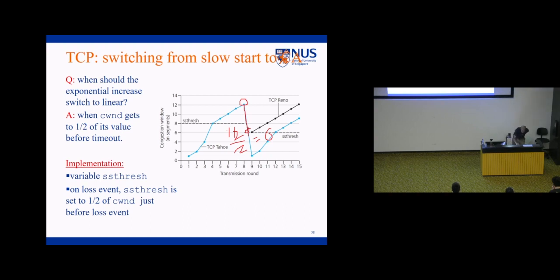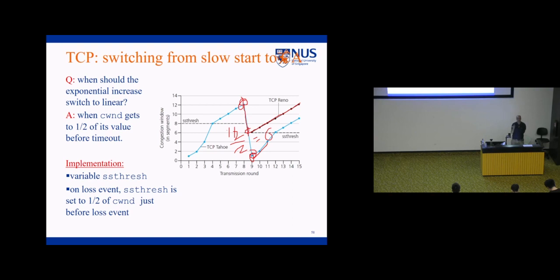And in the case of Tahoe, you will go back to 1. And then Tahoe will do slow start. Reno will just do congestion avoidance, which is linear. Now, after I detect a loss, of course, if it was a timeout, both of them would have come down to 1.